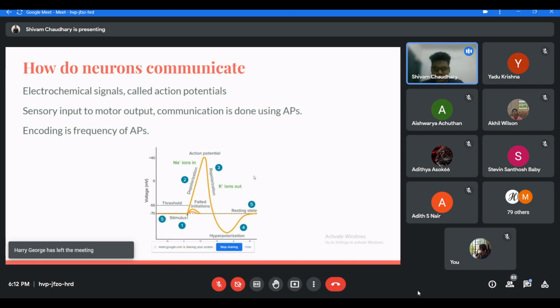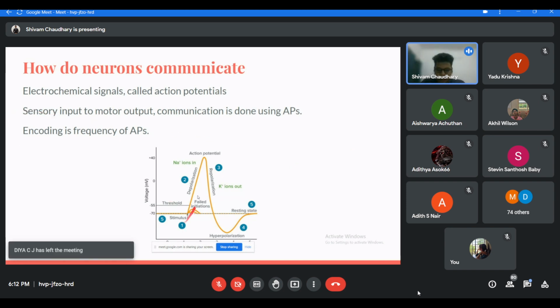The brain takes that information, integrates it with the information that it has already stored, and then sends out signals through the motor neurons, again as action potentials, and that signal stimulates our muscles so that we see the movements that we create every day.